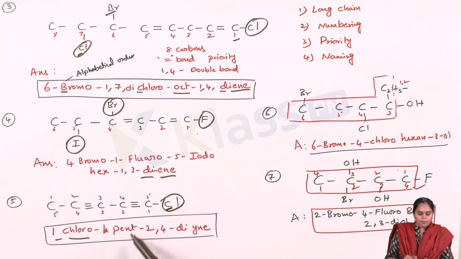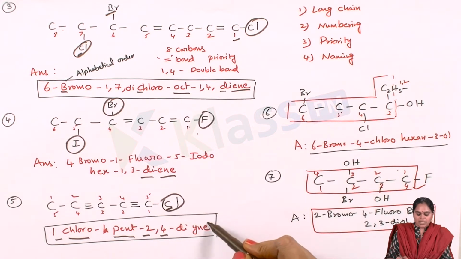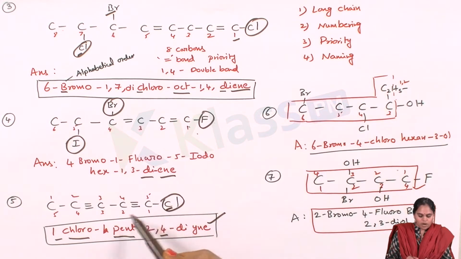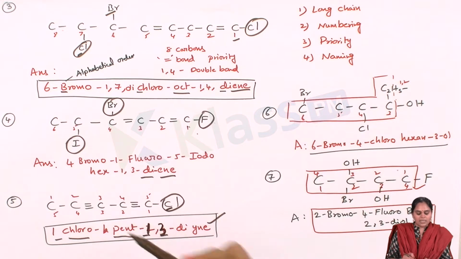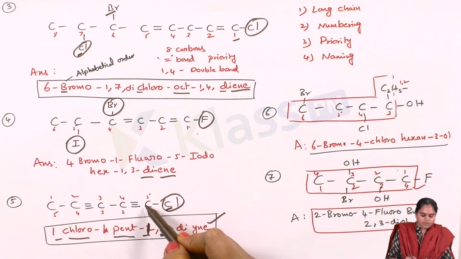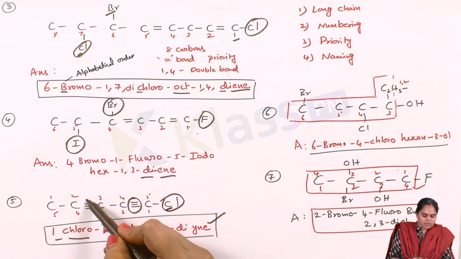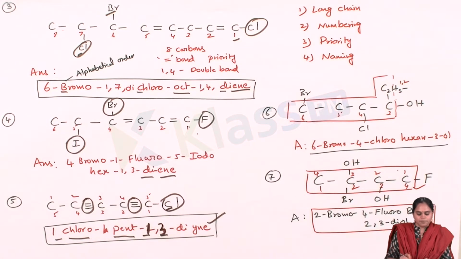Then pentane, pent means 5 carbons. After that, where is the unsaturation established? In the 2, 4 diene. Sorry, one in the first place and 1, 2, 3, third place, diyne is established. See here, this is the first carbon, triple bond. This is the third carbon, triple bond.